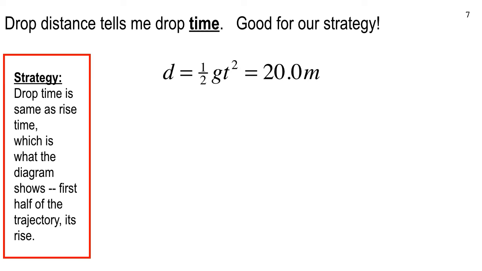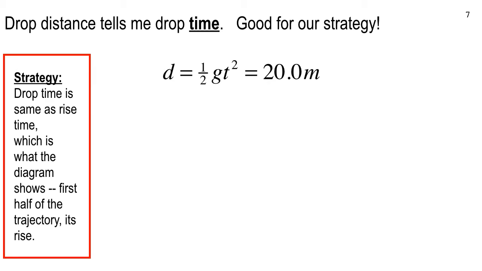And the strategy is, whatever that drop time is, from 20 meters high back down to the outfield, that's the same as the rise time. So the time that it takes to go from the initial point, 0, 0, all the way up to apogee, that is my rise time, and that's the same as the drop time. And now that I know how far it drops, I can nab the drop time.